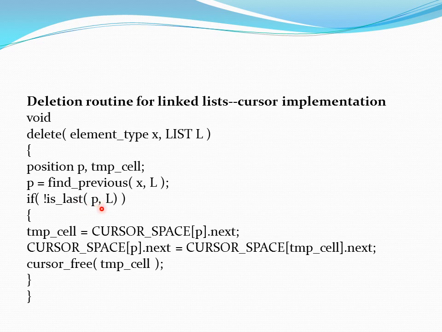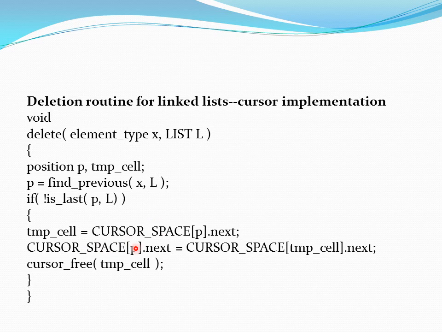If it is not the last element, then temp_cell equals cursor_space[P].next, which is the search element. Since P contains the previous element's position, P.next contains the X position. So temp_cell is storing the search element.